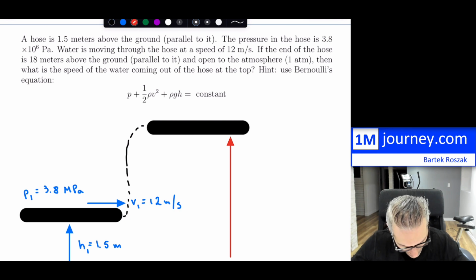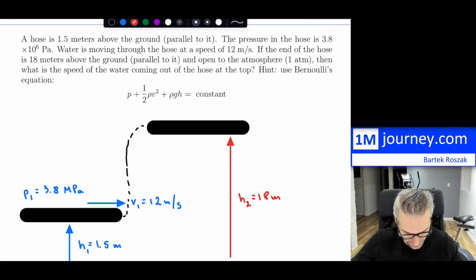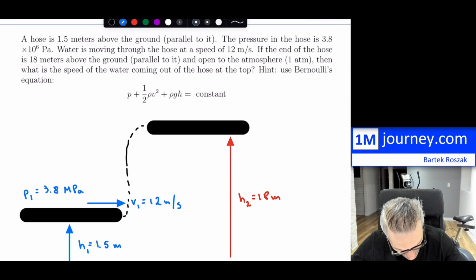Now this end is 18 meters above the ground, so I'm going to call this h2, 18 meters above the ground. We know that it's open to the atmosphere, so the water's coming out, and if it's open to the air, then the pressure in here is going to be 1 atmosphere.